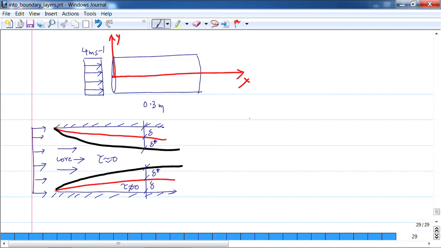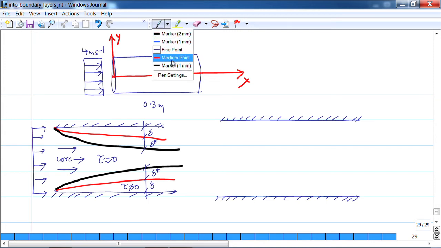So, again, if I were to draw this, right. Now here I have this is my wall, okay. These are the two walls of my test section here, right. And let me also do this.